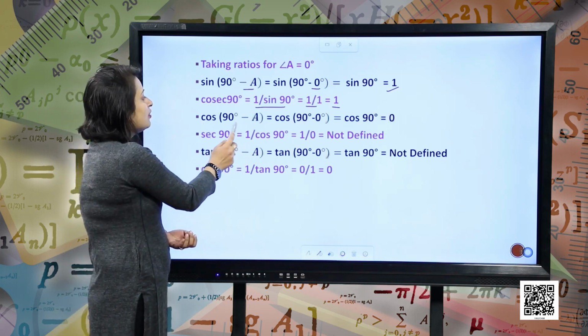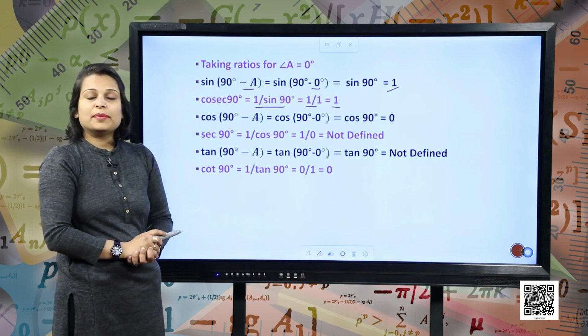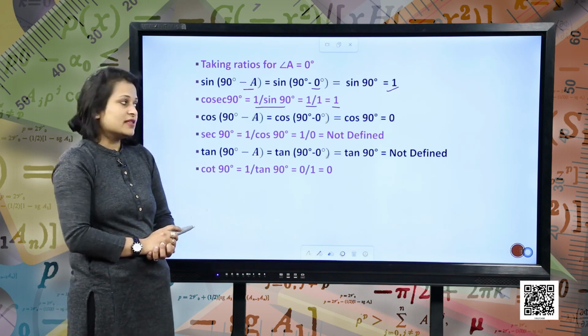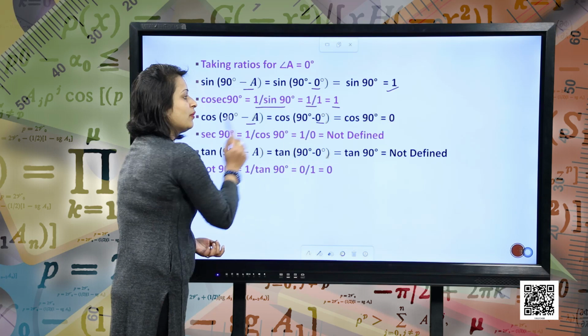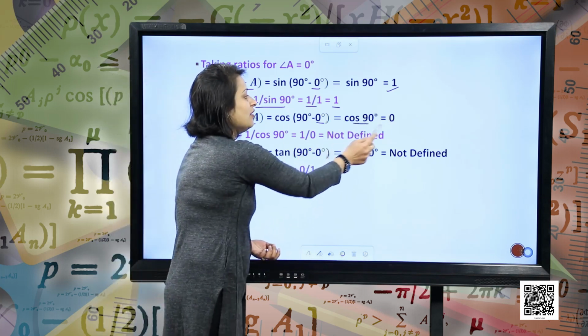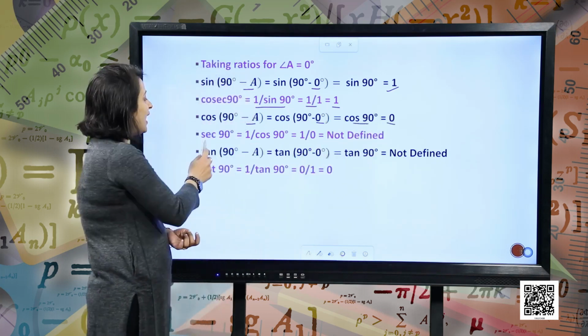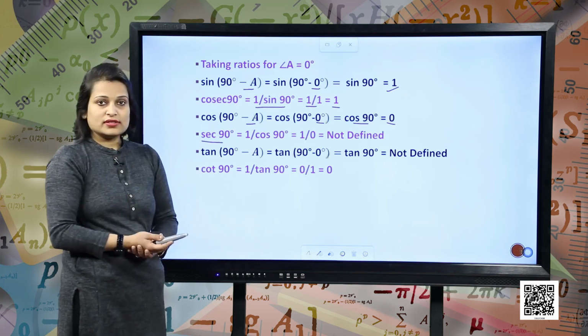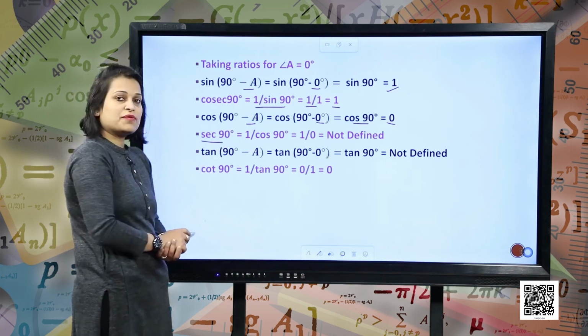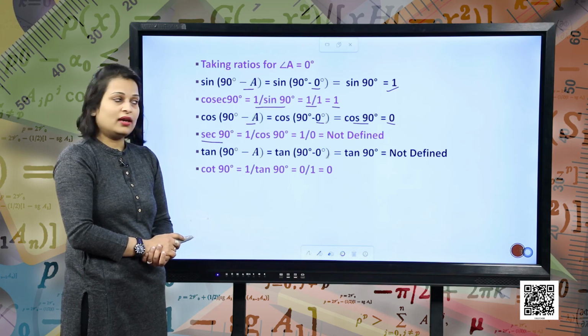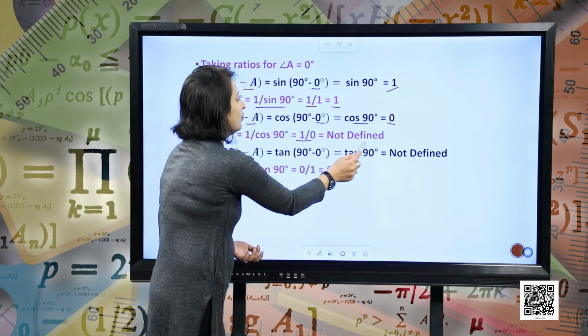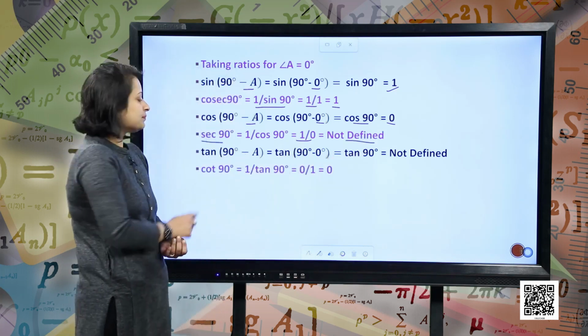Now, cos of 90 degree minus A. So in place of A, you need to write 0 degree. What will you get? Cos of 90 degree, which is 0. And secant is reciprocal of cos. So secant of 90 degree is what? 1 upon cos 90 degree, which will give you not defined.